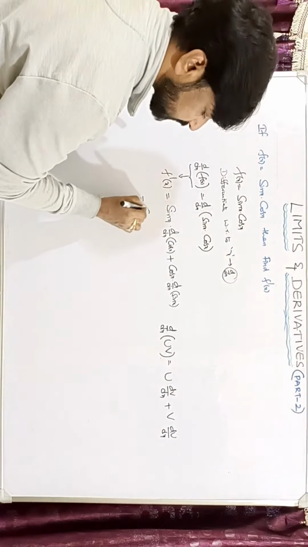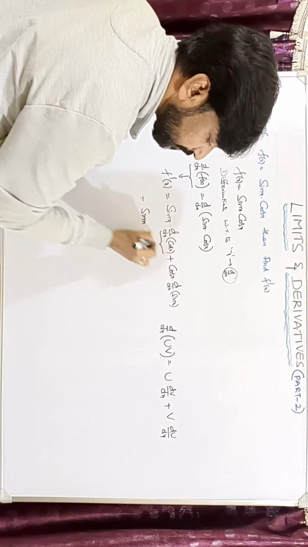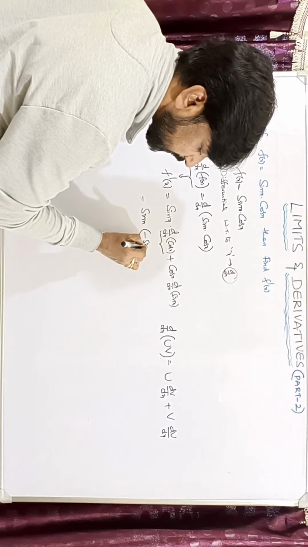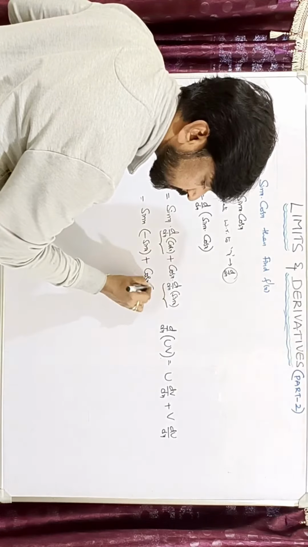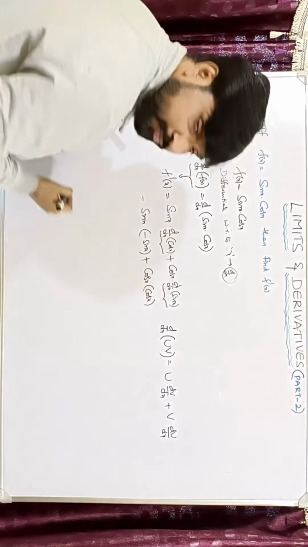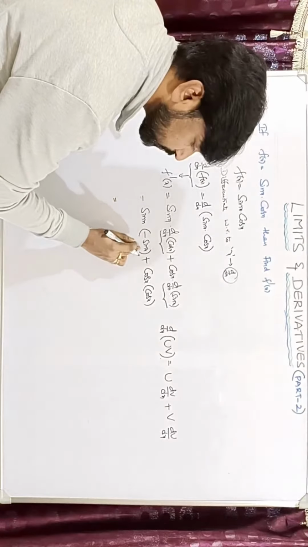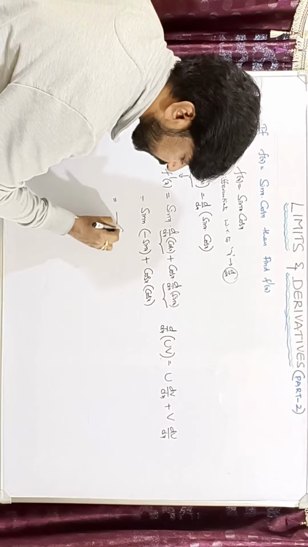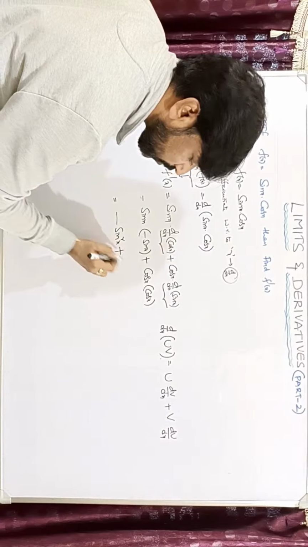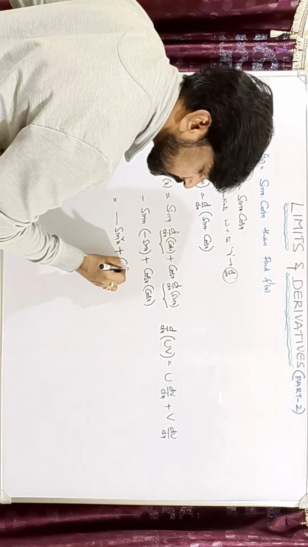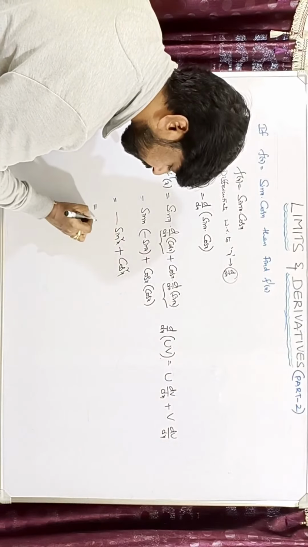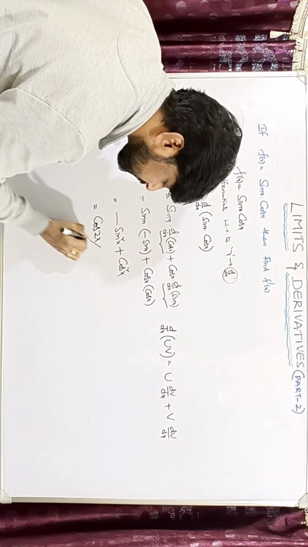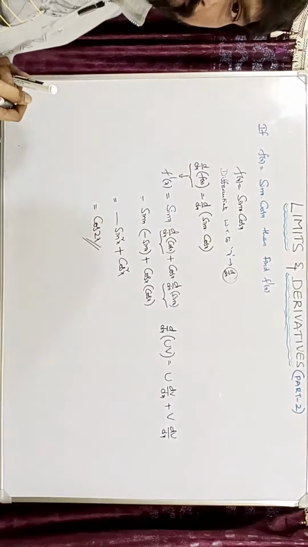Then this can be written as sin x into the derivative of cos x, which is minus sin x, plus cos x into the derivative of sin x, which is cos x. Clear? So sin x into minus sin x gives minus sin square x, along with cos x into cos x, cos square x. So this is cos square x minus sin square x. The formula gives cos 2x. That's the answer, isn't it?